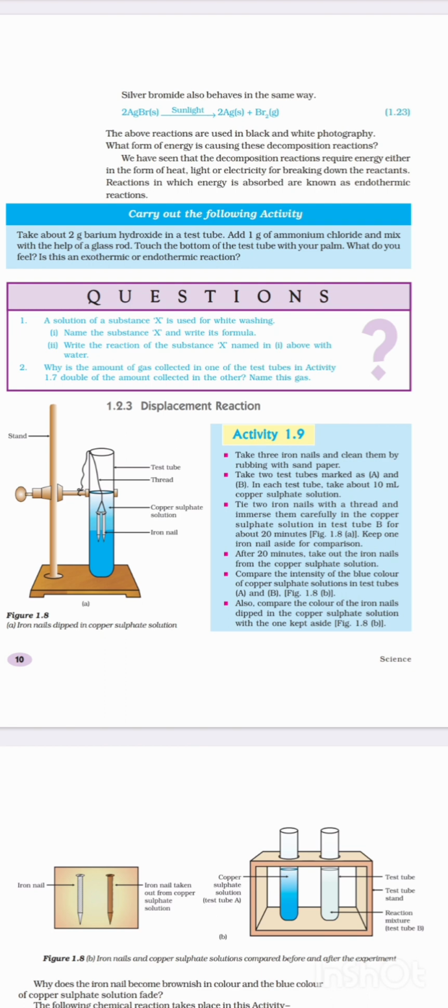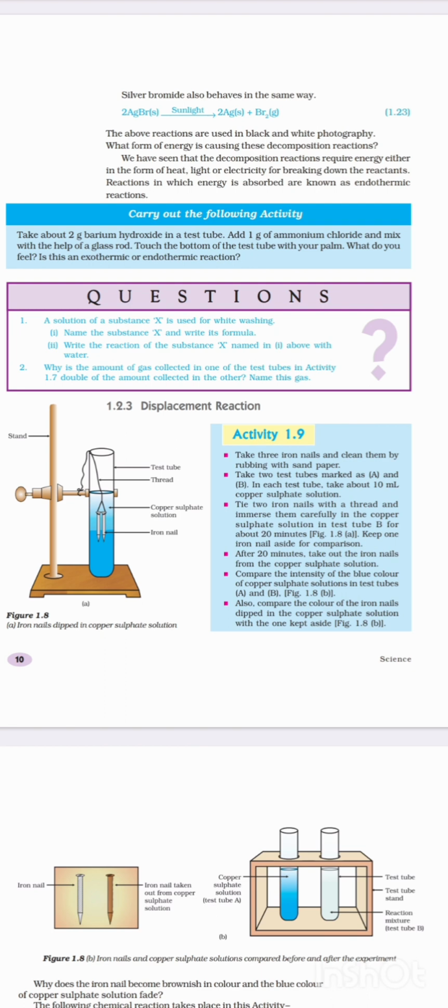Now see the iron nail, normally of simple color. But after putting it in copper sulfate solution, the color of the iron nail changes. It gets brownish in color. Now the copper sulfate solution is somewhat bluish in color, but after the iron nail is dipped in this test tube, the intensity of the blue color changes.